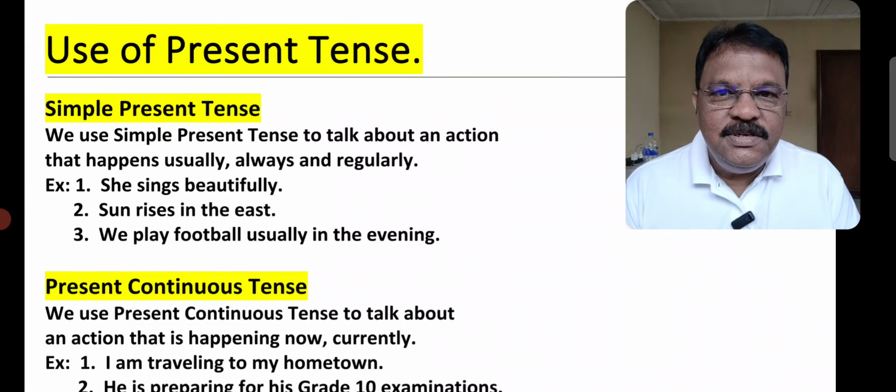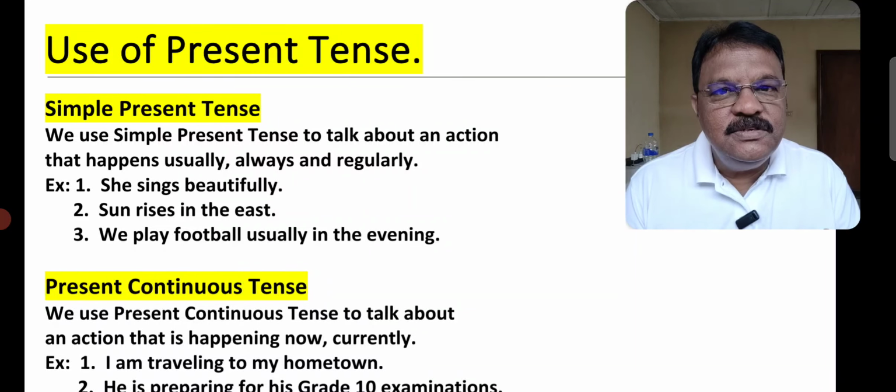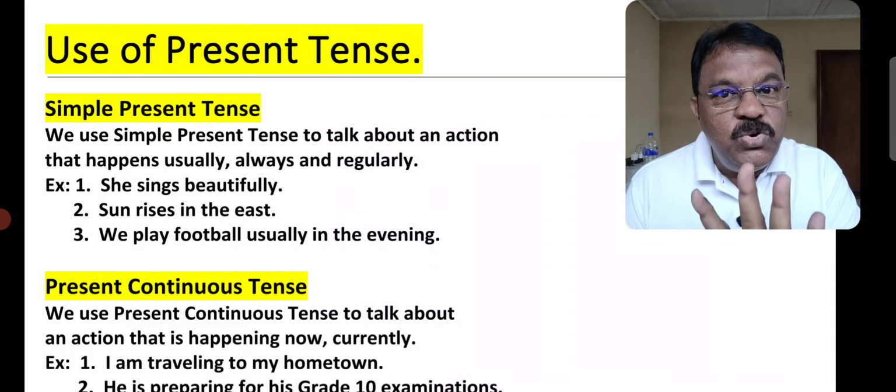Simple present tense, present continuous tense, present perfect tense, and present perfect continuous tense. So this is how we have 4 divisions in present tense. Similarly, you will have 4 divisions in past tense and in future tense also. Today we are going to see only about present tense. All right? Good. So let's talk about the simple present tense first.